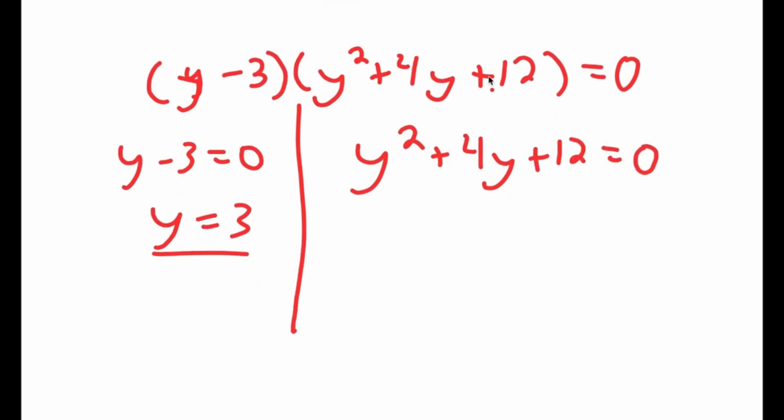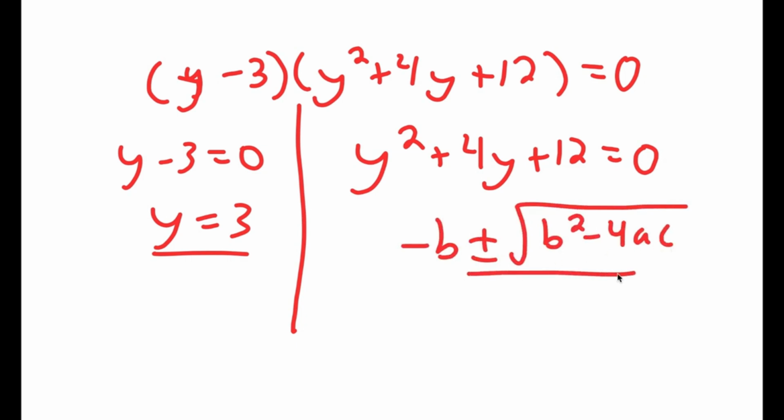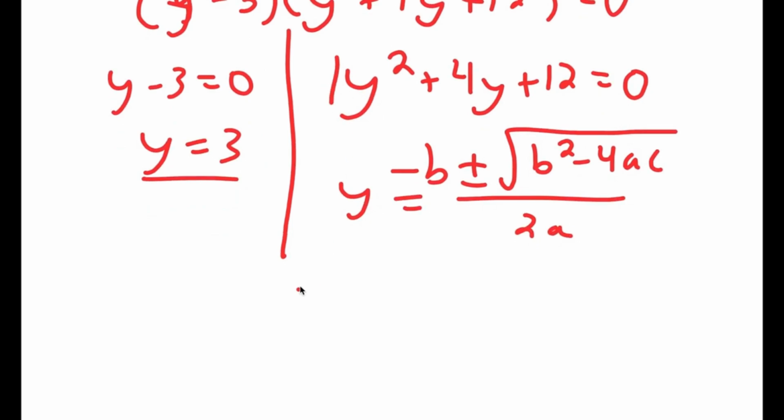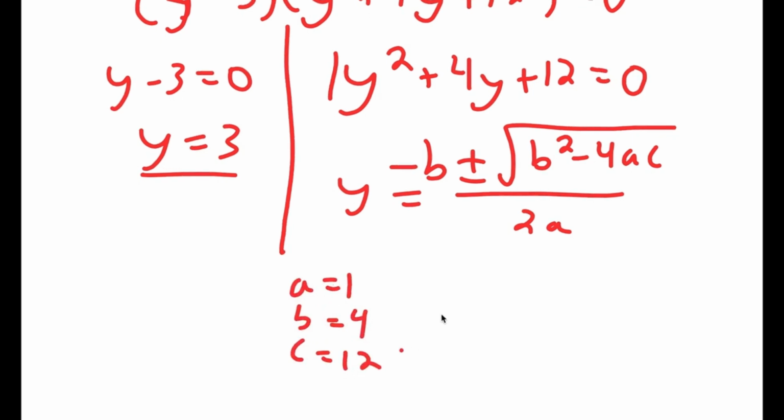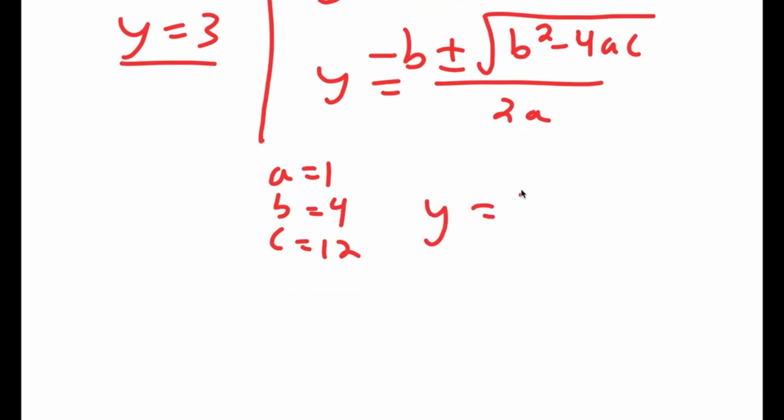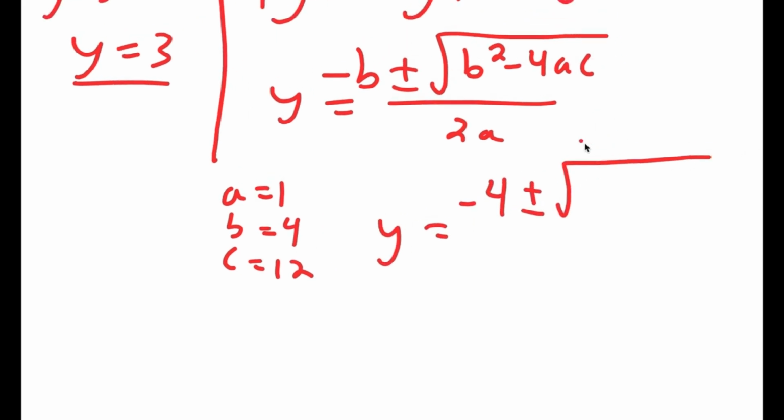And to solve this, we have to use the quadratic formula, which is negative b plus or minus the square root of b squared minus 4ac all over 2a. So in this case, a is 1, b is 4, and c is 12. So I get y is equal to negative 4 plus or minus the square root of b squared minus 4ac.